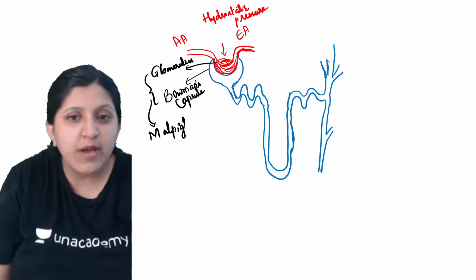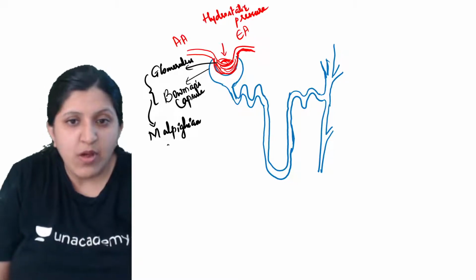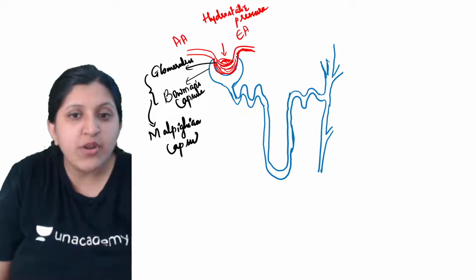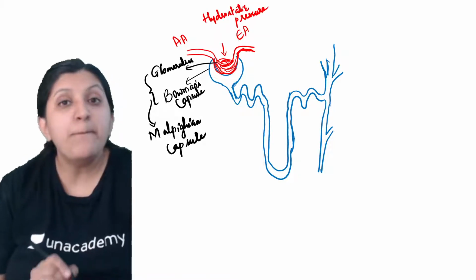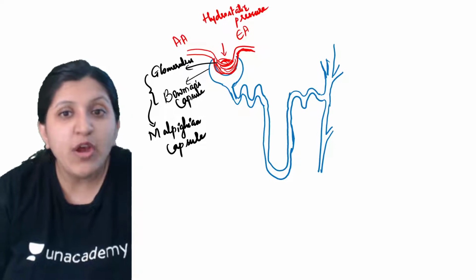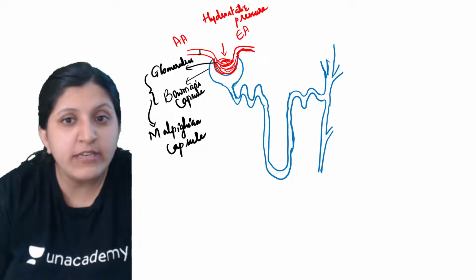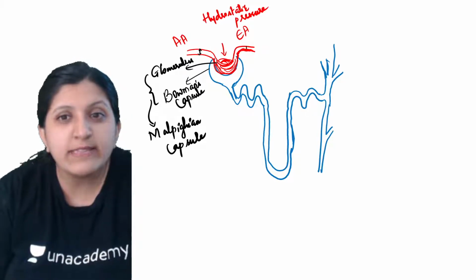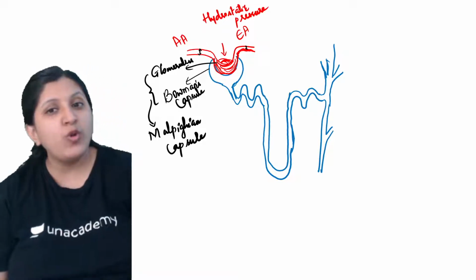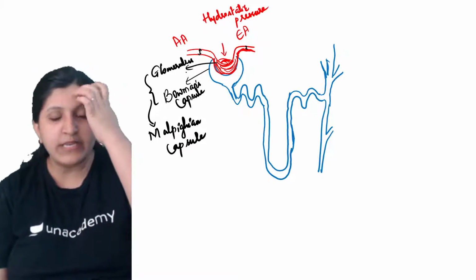So this is a Malpighian capsule. They'll ask you to draw the structure of a Malpighian capsule. Make sure that you are drawing the wider lumen over here as compared to the other one. The narrow lumen is here, and here the wider lumen is there.